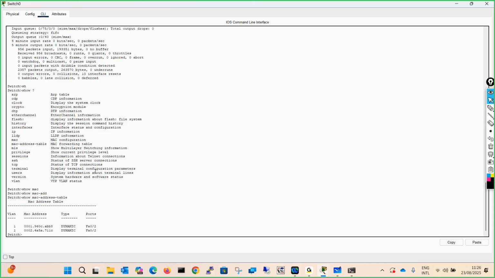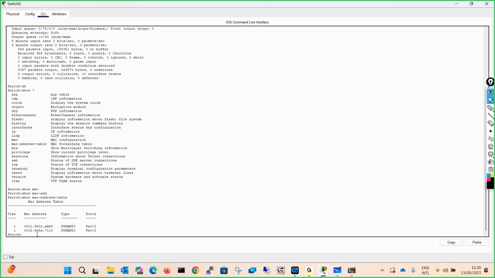Level 1 has very limited knowledge, and there is a possibility they will make mistakes if they are given configuration access. So for monitoring purposes they can check whether the interface is up or not, whether the clock is working fine, the MAC address entries, or IP address details, and all this works in user execution mode, so they are given this kind of access.